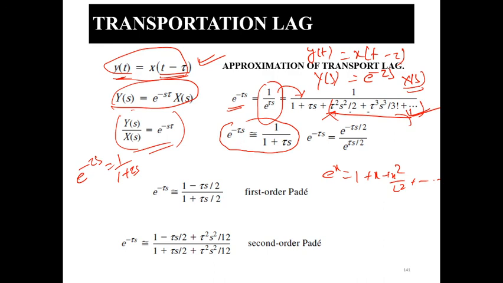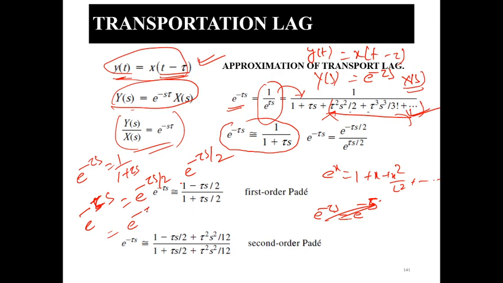Also, you can write e to the power minus tau s as e to the power minus tau s by 2 into e to the power minus tau s by 2, if I'm not wrong. And this you can write as e to the power minus tau s by 2 upon e to the power tau s by 2.